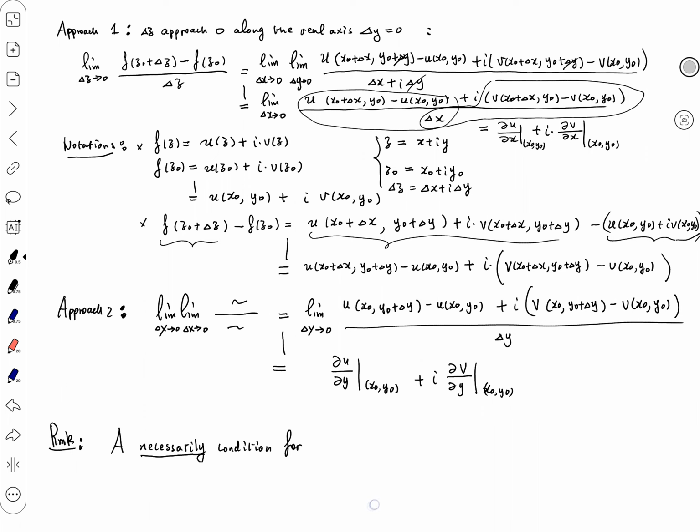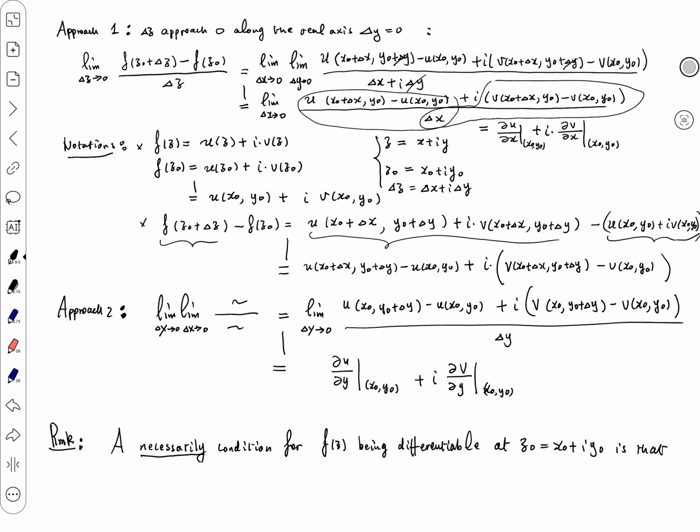A necessary condition for f(z) being differentiable at z naught equals x naught plus i y naught is that for the two chosen approaches, it should already give you the same derivative.